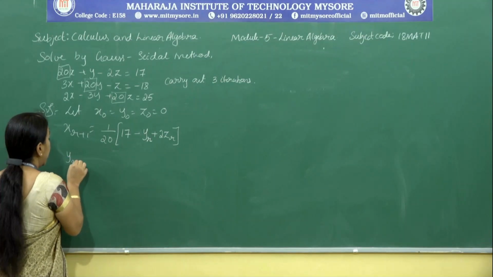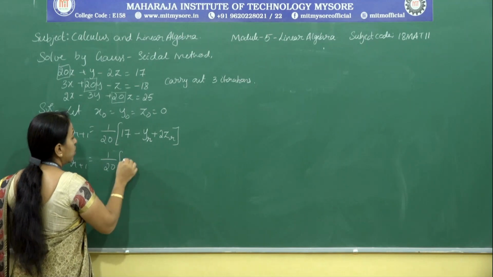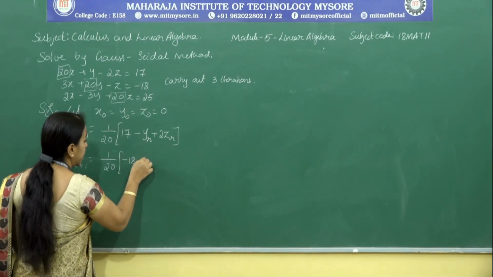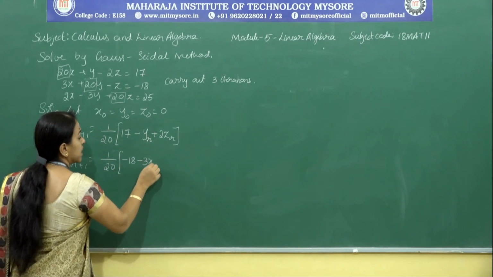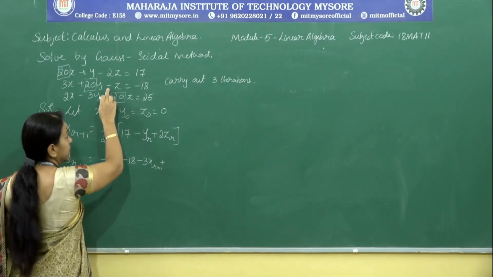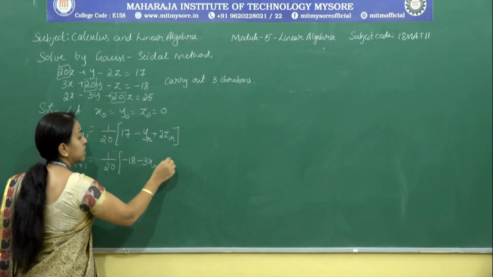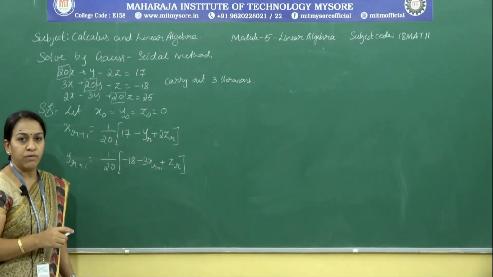Similarly, y(r+1) is 1 by 20 again into minus 18, minus the coefficient of x, which is 3 times x(r+1), plus, since I have minus here, it becomes plus 1 times zr, that is the y value.